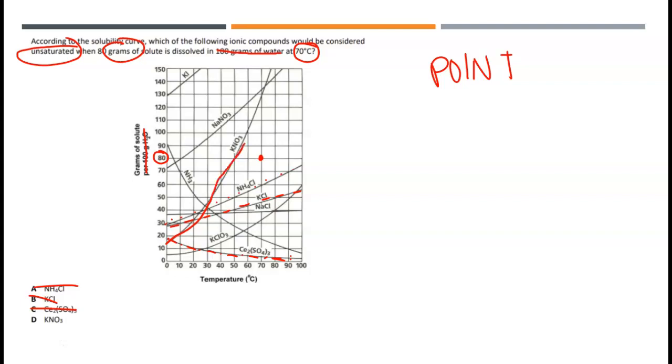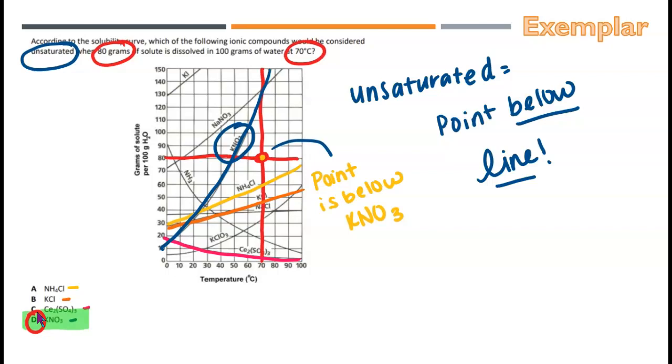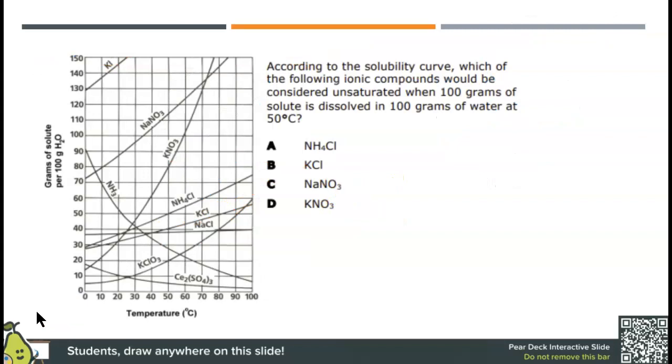I'll just do a solid line for this one. Sorry, it's not straight. So now, with the line of KNO3, the dot is below the line. So your answer is D. Because the dot is below, that means it is unsaturated with KNO3. And this one is just drawn a lot more nicely.